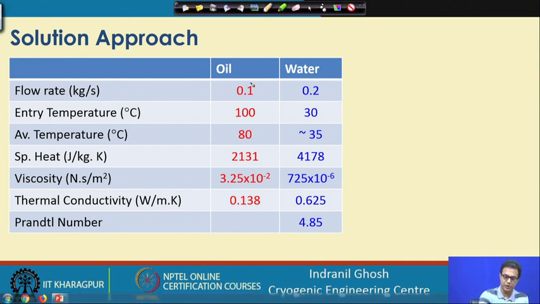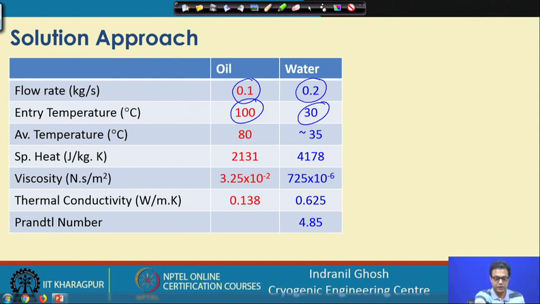We have been given the oil flow rate, water flow rate, entry temperature of oil, and entry temperature of the water, and now we need to find out the exit temperature of water, because already we have been told that we intend to measure the length of the exchanger, so that the exit temperature of the oil will become 60 degree centigrade. So, we know what is expected from this heat exchanger.